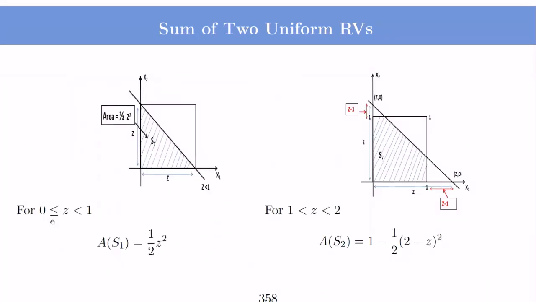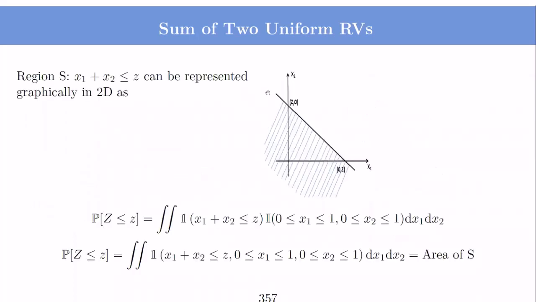So if z is between 0 to 1, notice that this line, the boundary, cuts the x-axis at (z, 0) and the y-axis at (0, z). So this intercept and this intercept are both z.